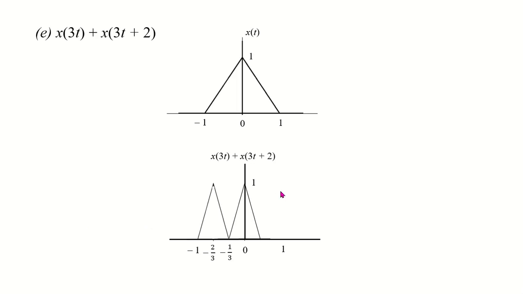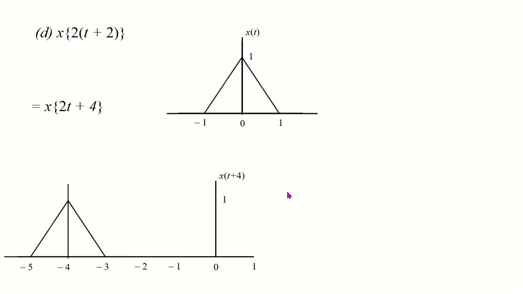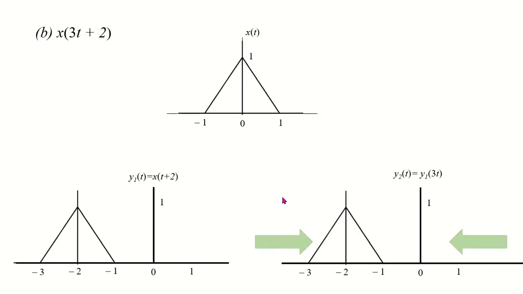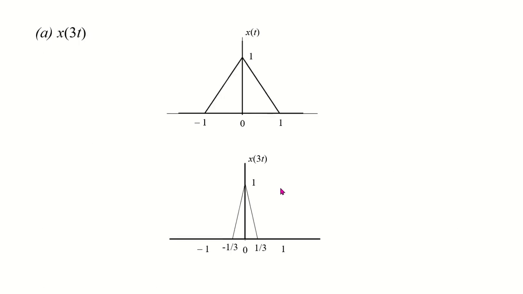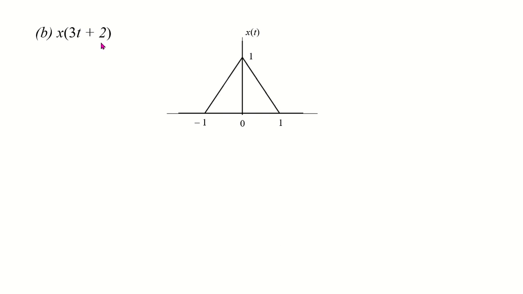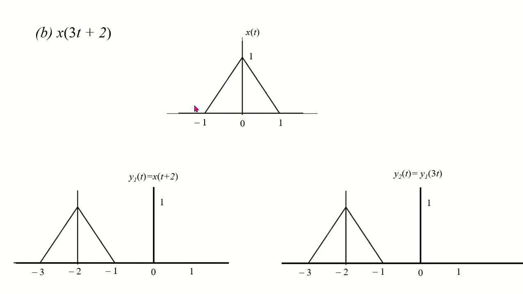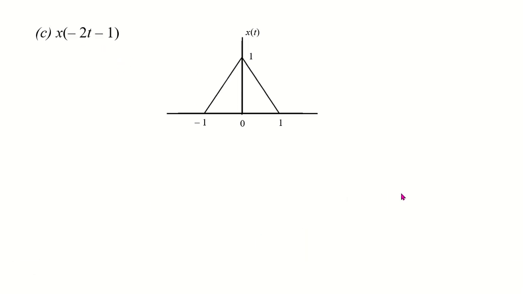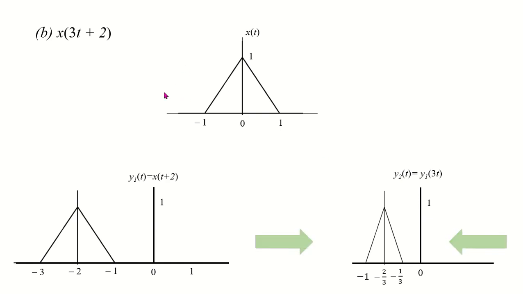Now in order to ensure whether you have plotted it correctly or not, I talked about the shortcut in our previous lecture as well, but nevertheless I'll repeat it. Let's talk about the first example, x(3t). This can be ensured straightforwardly. Whether the plot that I have obtained is correct or not can be ensured by substituting different values of t.